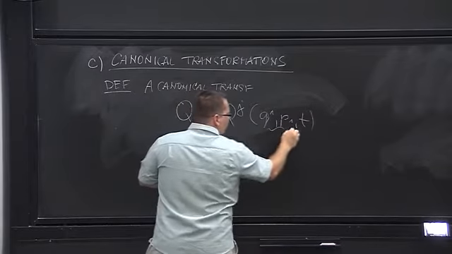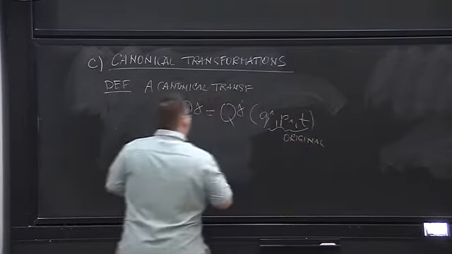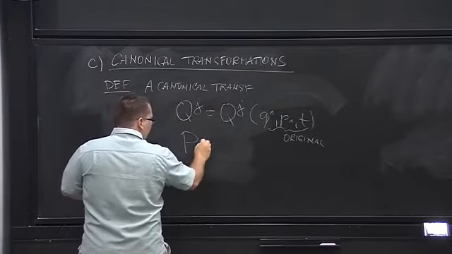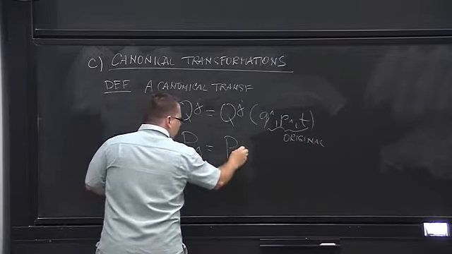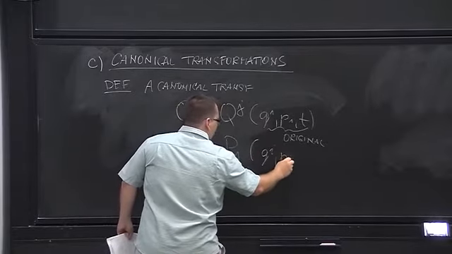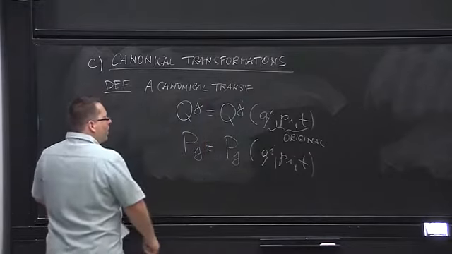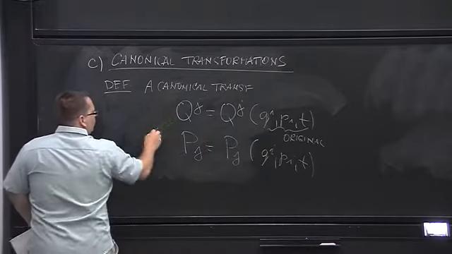So these are the original. And then similarly, you define new Pj, my new canonical coordinates, as functions of qi, pi, and t, and so Q and P are new. So these are the new ones.